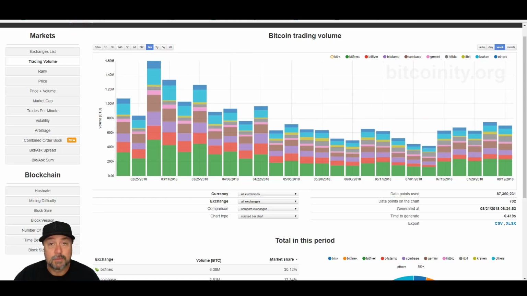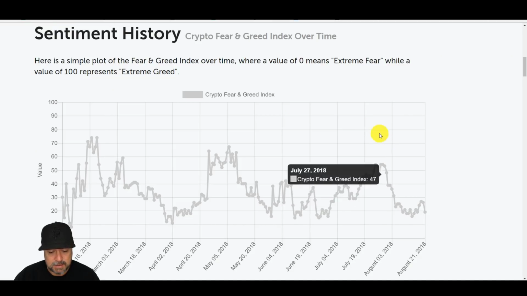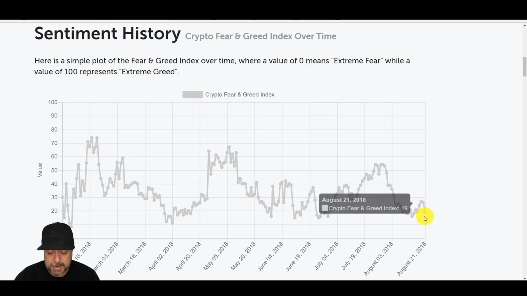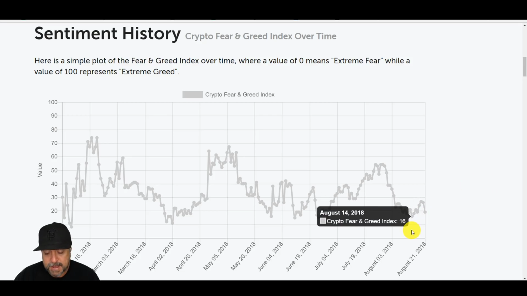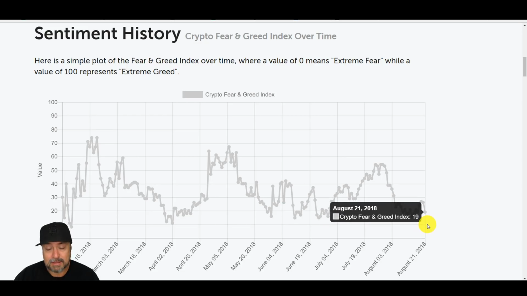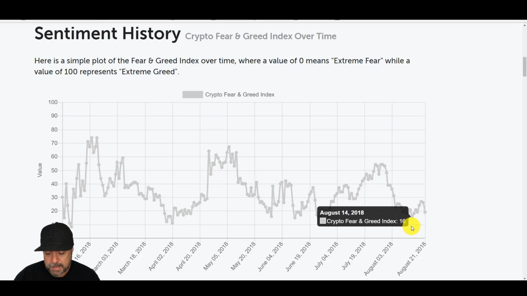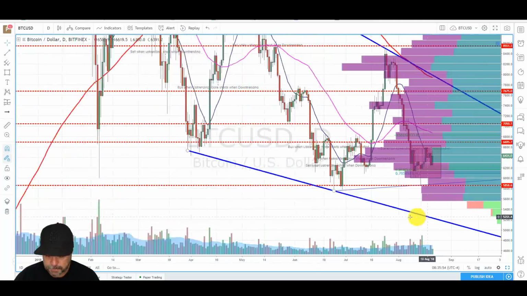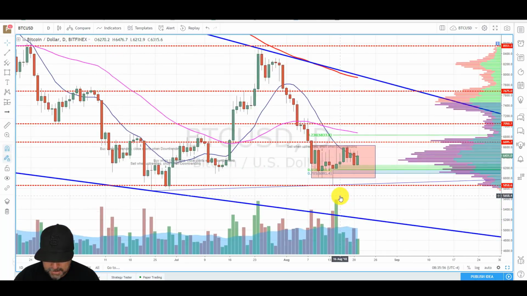The other thing I wanted to cover today was the sentiment Crypto Fear and Greed Index. We talked about this in the previous video and how to trade it. So the low on that was August 14th. And now we're actually starting to head back down into that territory where we like to look and see if we can pick up another signal off of that. Crypto Fear and Greed on August 14th was 16. So if we go over to the chart and we look at that, August 16th is going to put us right here.